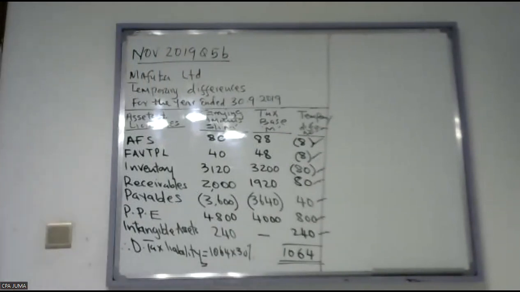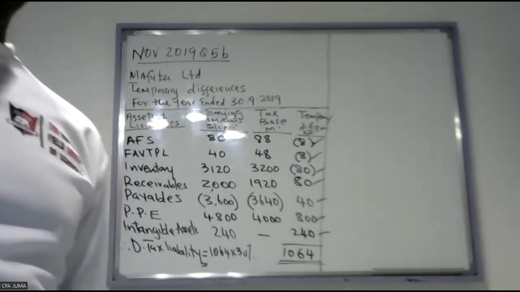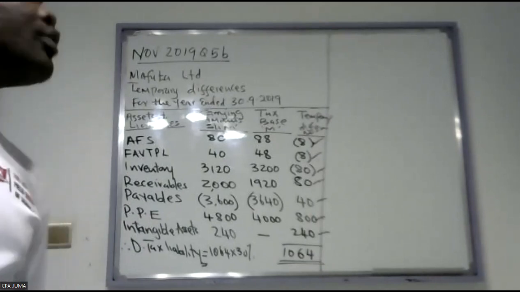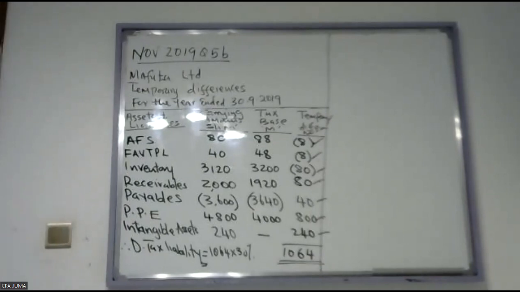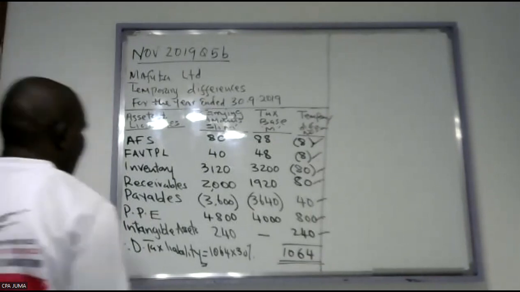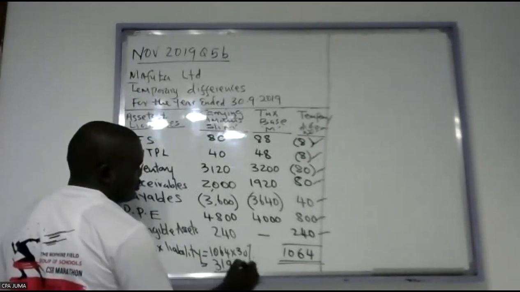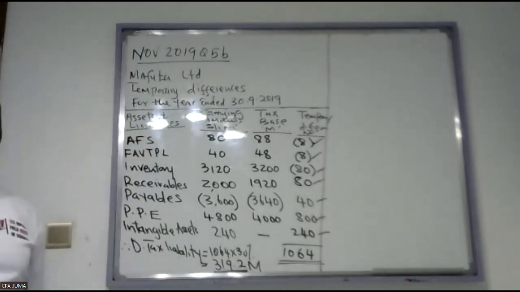What do you get? You are getting a deferred tax of how much? $319.2 million. That is our deferred tax.